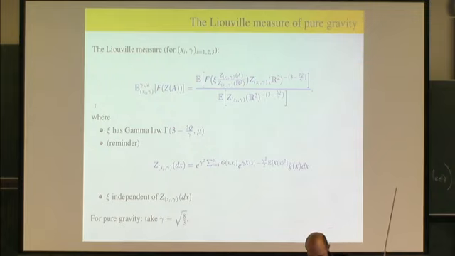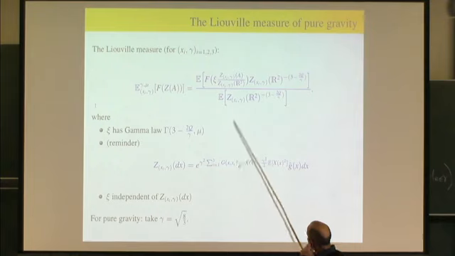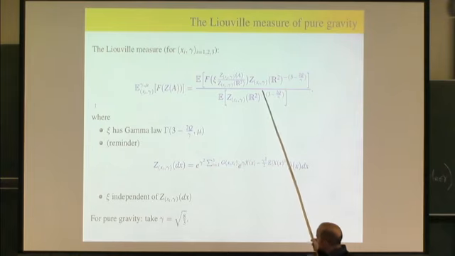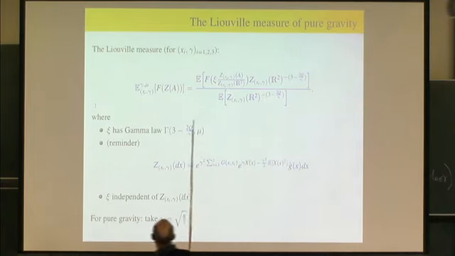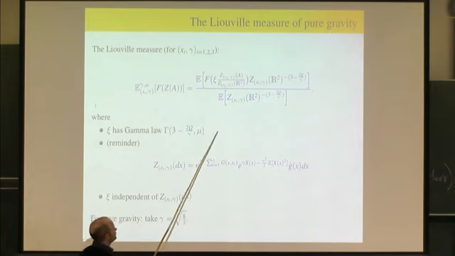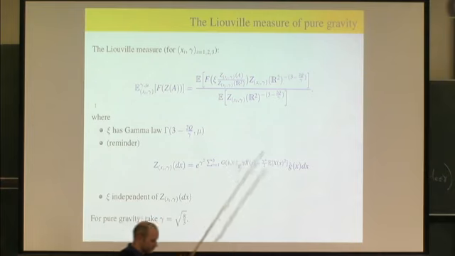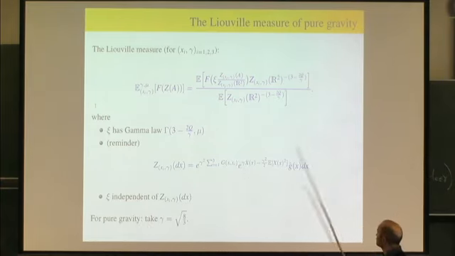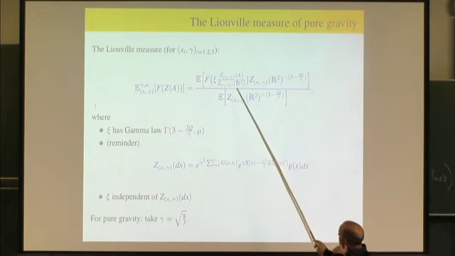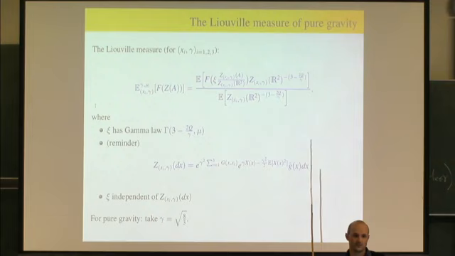Okay, I'm gonna skip. Well, just something I mentioned. The Liouville measure in the literature, there are some misunderstandings sometimes with respect to this Liouville measure. It is often said that the Liouville measure is the exponential of a Gaussian field, and this Gaussian field is the Gaussian free field.